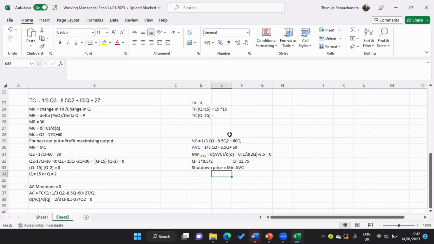So for the condition of the AVC minimum, Q equals 12.75. So when you put Q equal to 12.75 in this equation, can you find AVC?